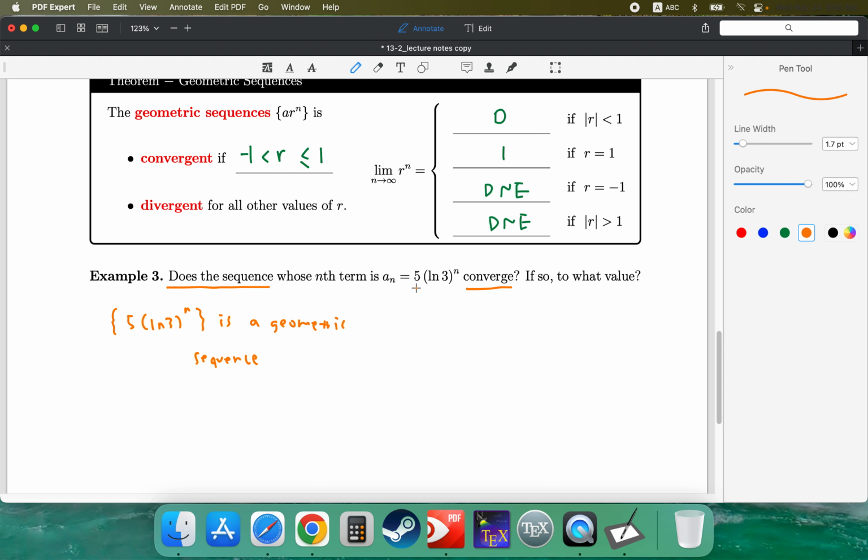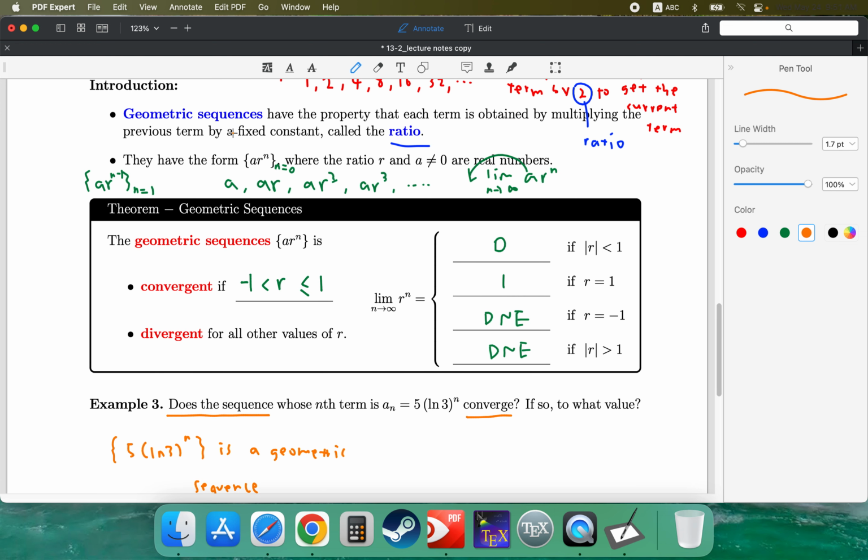Well, take a look at this form. If you increase the index by 1, that means you increase the power by 1. If you increase the power by 1, that means you will need to multiply this value by natural log of 3. So every time you find the next term, you increase the power by 1. That means you multiply the previous term by natural log of 3. And that is the definition of a geometric sequence.